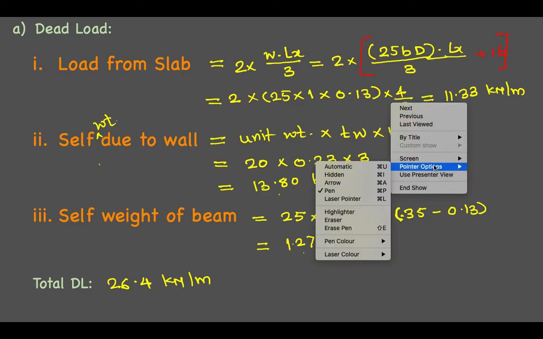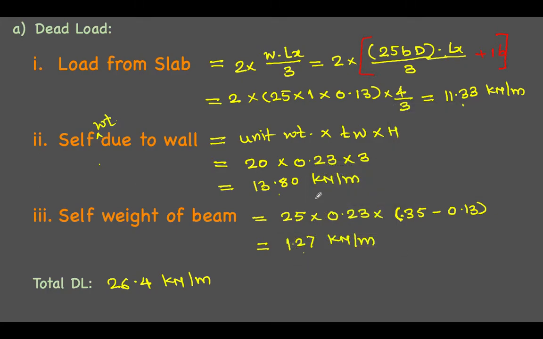So thus we will be getting the total load. I'll do it over here, this plus 1.